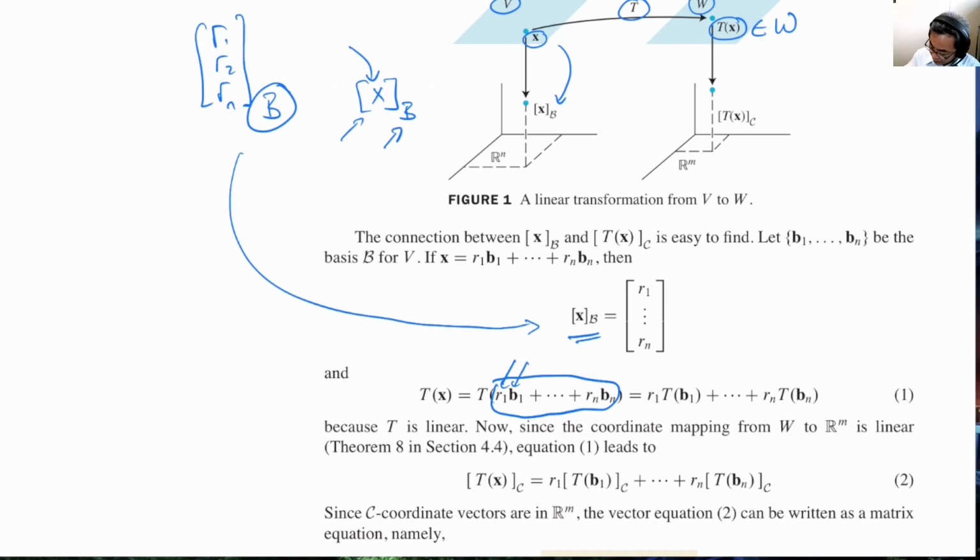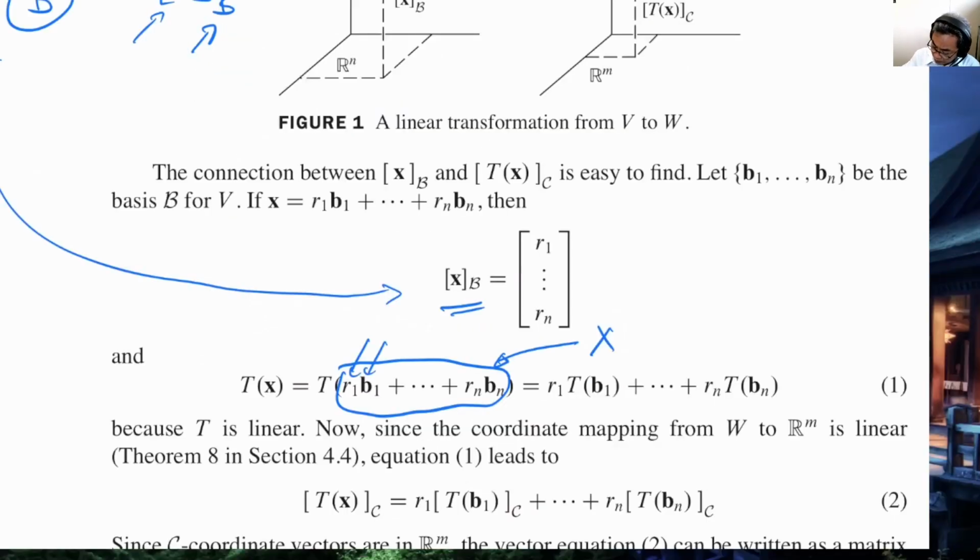So this whole bracket thing here represents X. So this is X, and [X]_B are simply the scalars associated with the basis B1 to Bn to represent X.